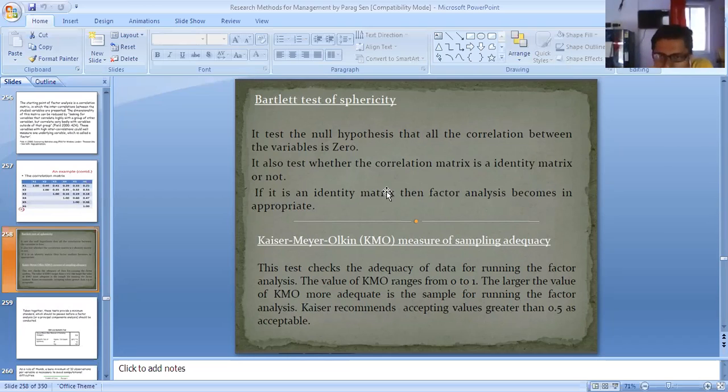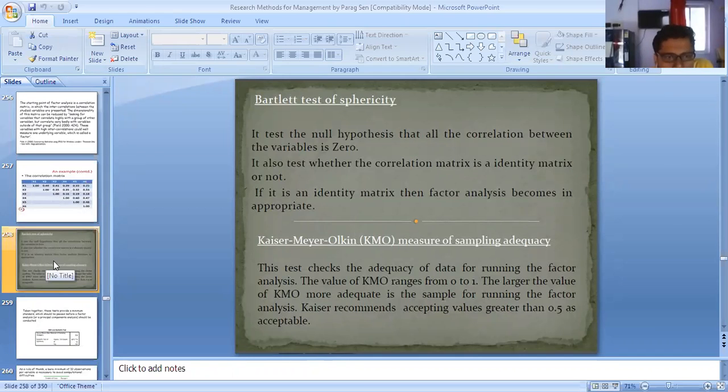And KMO is a measure of sampling adequacy, whether the sample that you have collected is sufficient or not. Values greater than 0.5 are often cited, but strictly speaking it should be greater than 0.6 or 0.7. Then you can say that you have enough sample size.